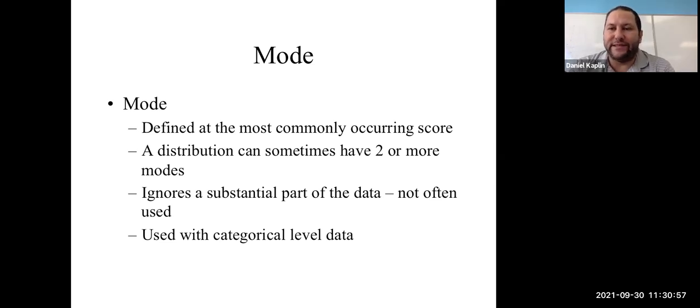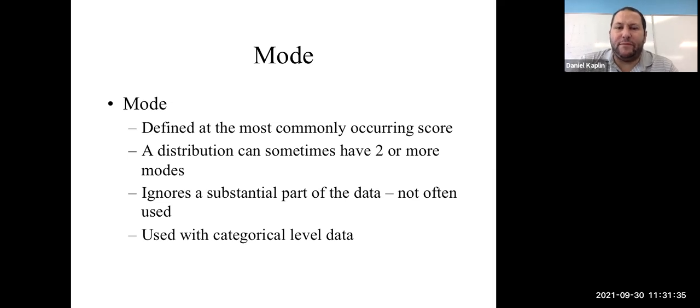That's just a fancy way of saying you have 2 modes. So it's possible to have two peaks in your distribution, or sometimes even three peaks, but that is what we look for. If we had a symmetrical distribution, we should have one peak, typically, if it's normally distributed, I should say. If you have two modes, two peaks, you probably are reflecting two different groups within your sample. Something to think about.